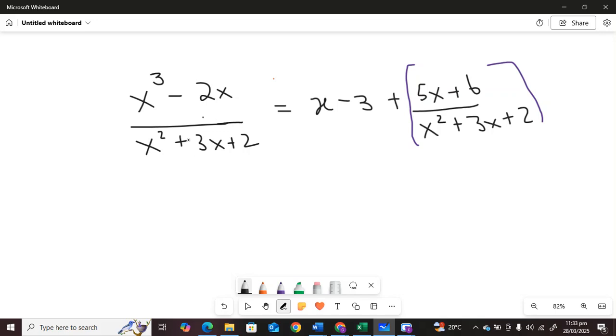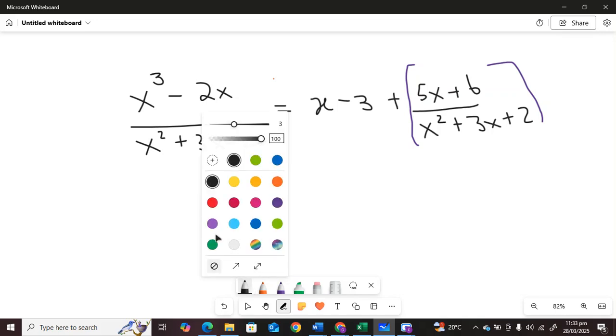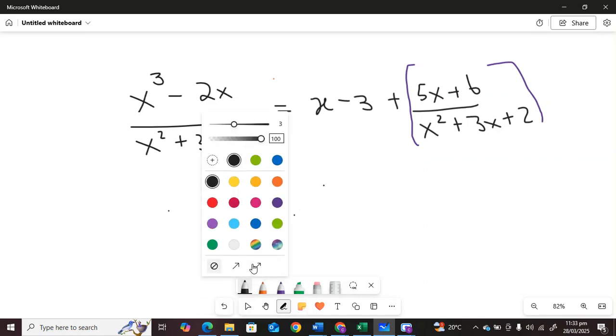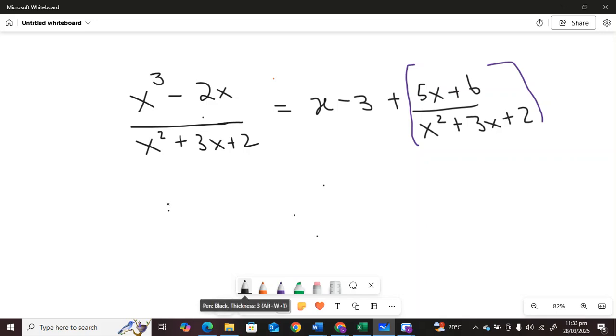Has anyone simplified this quadratic equation here? Has someone solved this quadratic equation?